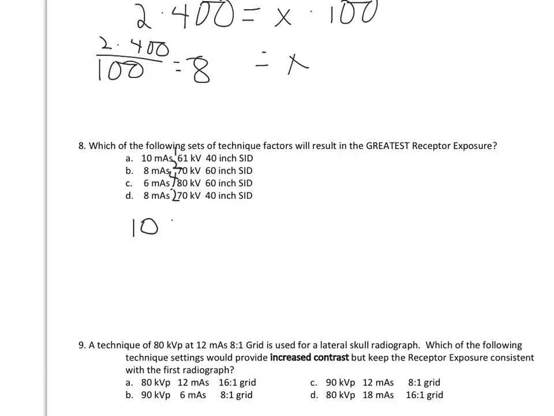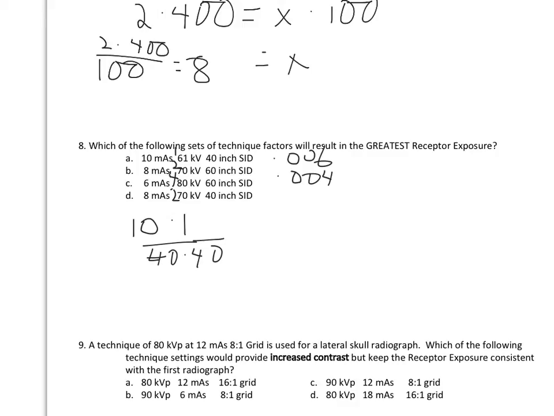So we have 10 times 1 for the first one, divided by 40, and 40 again for the SIDs, and that calculates out to be 0.006. B is going to be 8 times 2 divided by 60 divided by 60, and that gives you 0.004.